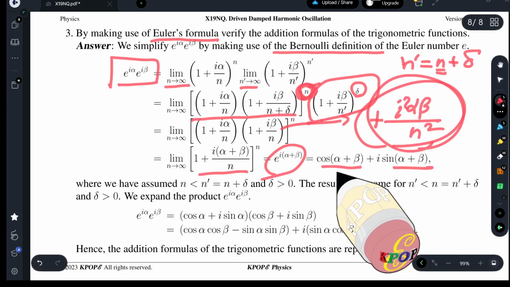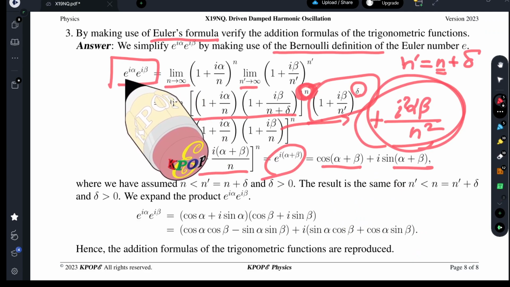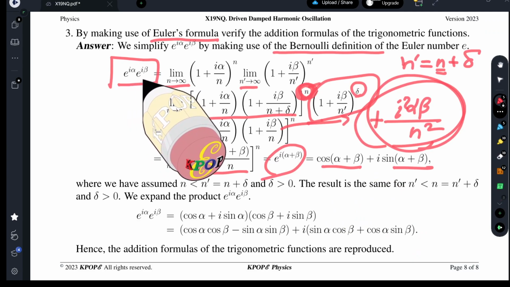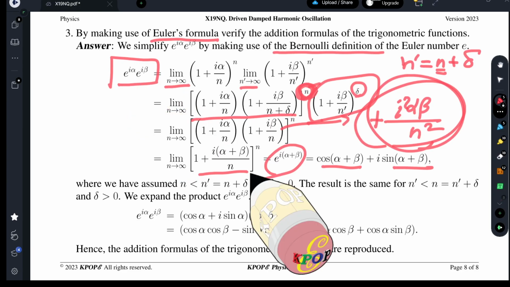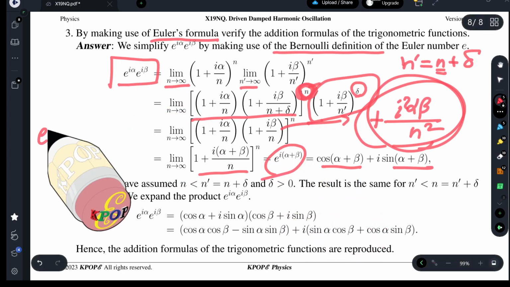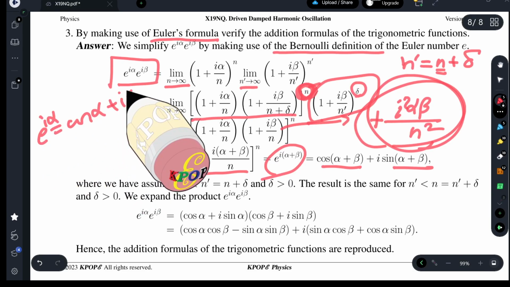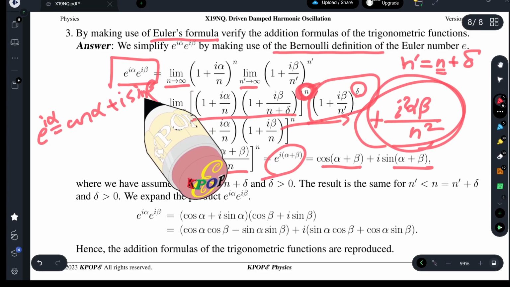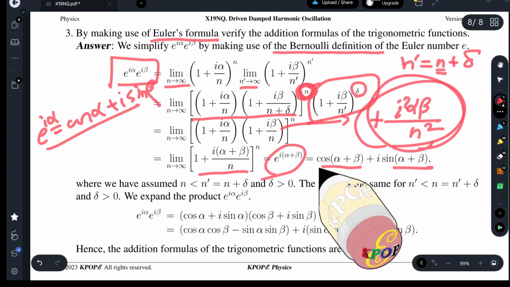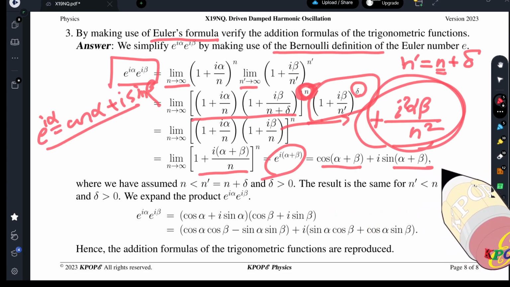All right, because of this, the product of the two exponentials, e to the i alpha and e to the i beta, is e to the i times alpha plus beta, and we know e to the i alpha is cosine alpha plus i sine alpha. Therefore, this product is cosine of alpha plus beta plus i sine of alpha plus beta.